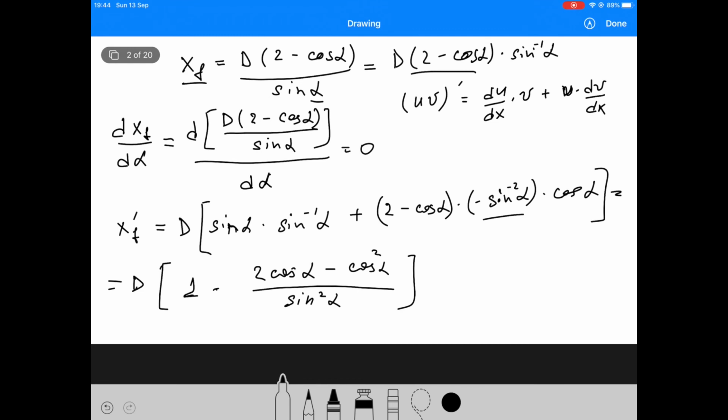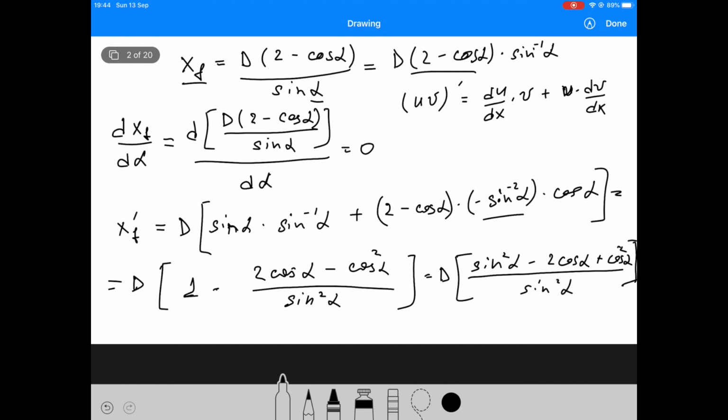Okay, so let us set it to a common denominator: D times (sine alpha squared minus 2 cosine alpha plus cosine alpha squared) divided by sine squared alpha.